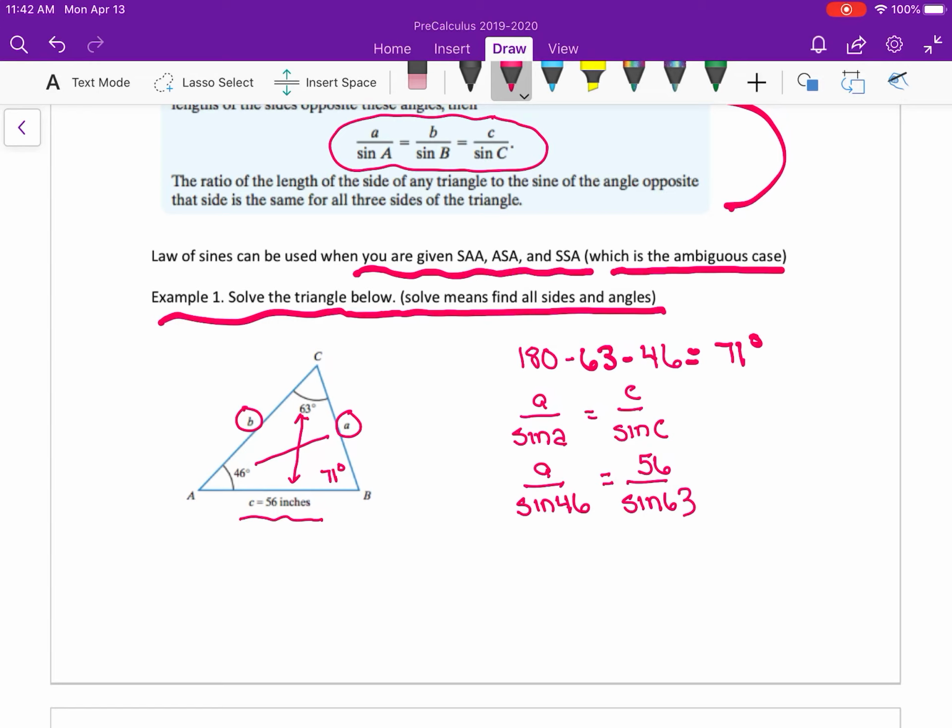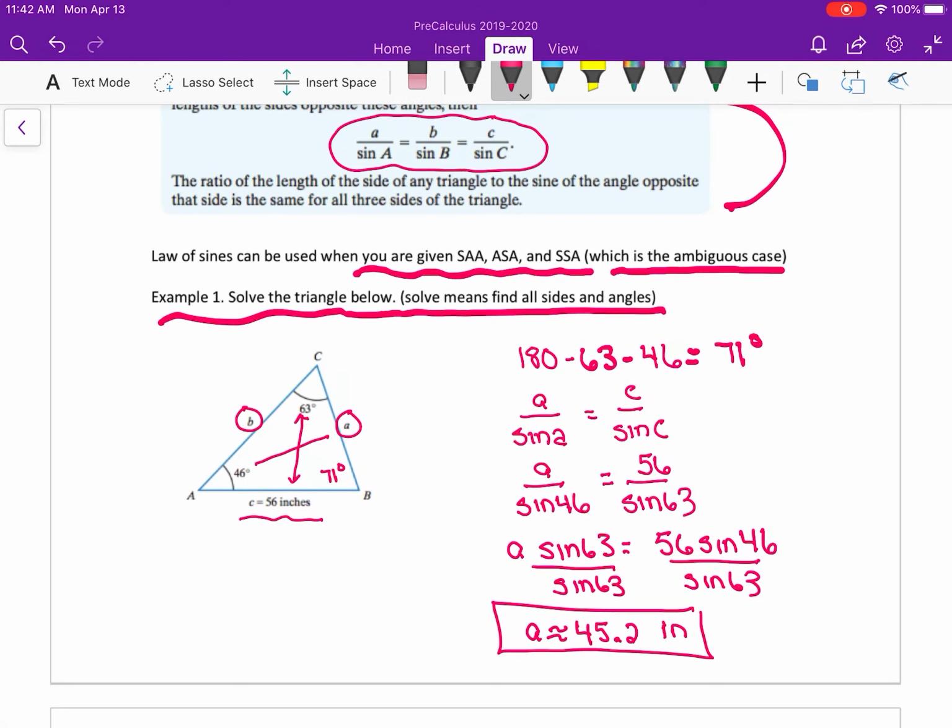All right, you cross multiply. A sine 63 equals 56 sine 46. Divide both sides by sine of 63. And you end up with side length A being approximately 45.2 inches. And that's one of our sides.